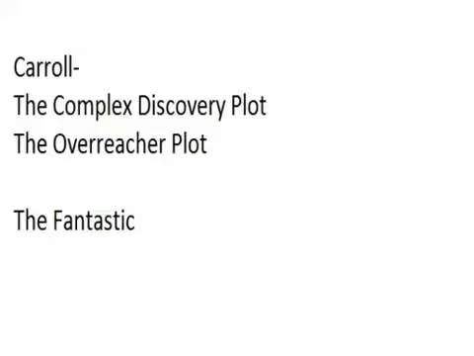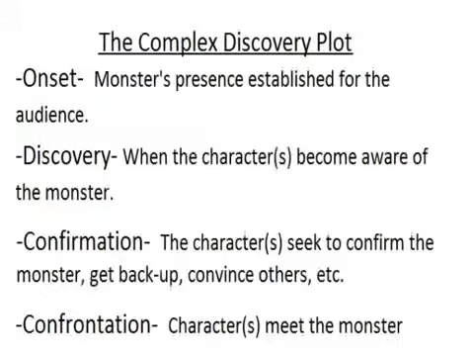And then you have the fantastic, which is not quite a horror plot, but you can have elements of the fantastic in a complex discovery plot. You can have elements of the fantastic in an overreacher plot if you tried really hard, and you could mix them all up. You can have a plot with all 9 elements.